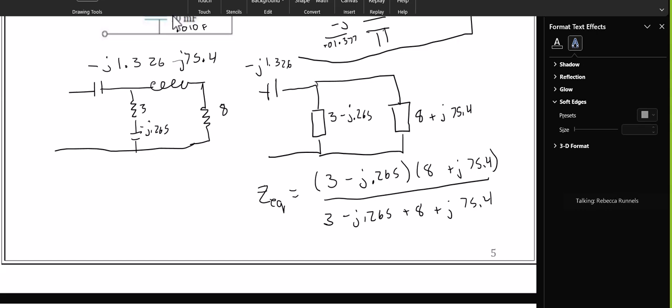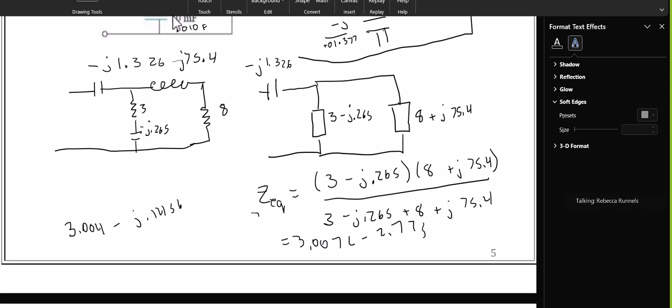I get, as a phasor, 3.007 angle negative 2.775. As rectangular, that was 3.004 minus j0.1456. So that is the equivalent impedance of the two in parallel.